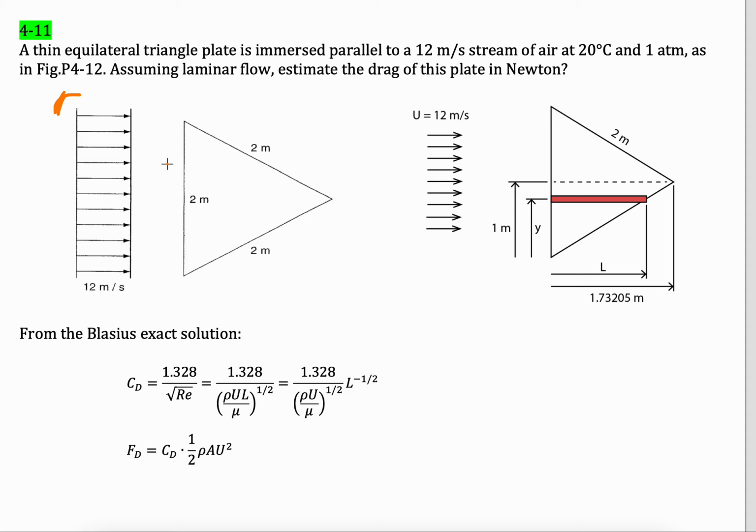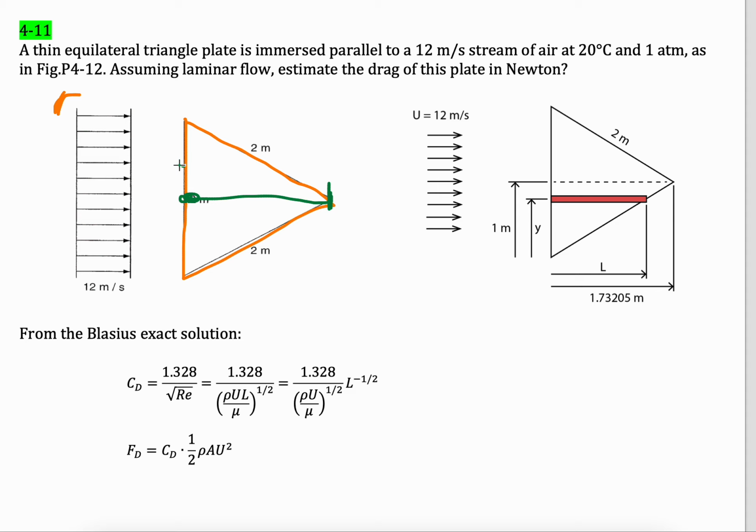The problem of this calculation is that our plate here is a triangle. This means the calculation must be conducted using integral calculation, because you could imagine that at this point the fluid flows from here to here, and the length is the longest one.